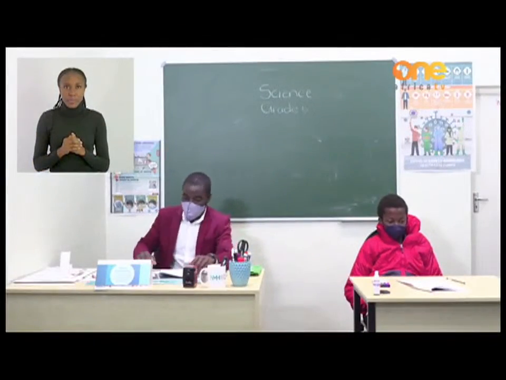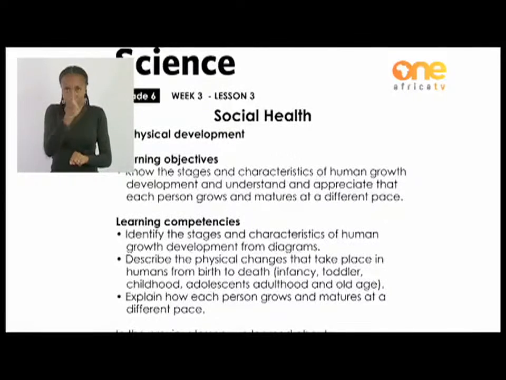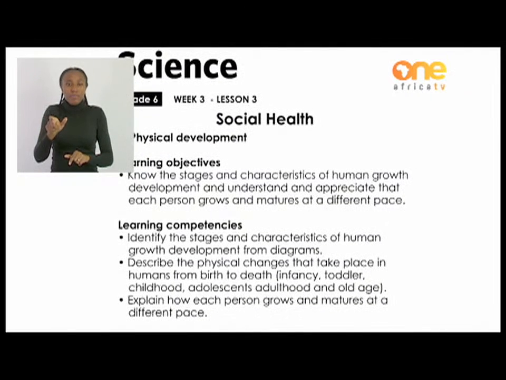Learners, let's go on page 16. Learning competencies. This is what you have to know at the end of this lesson. We should be able to identify the stages and characteristics of human growth development from the diagrams. It means we'll be provided with the diagrams and we'll be able to tell which stage is that.